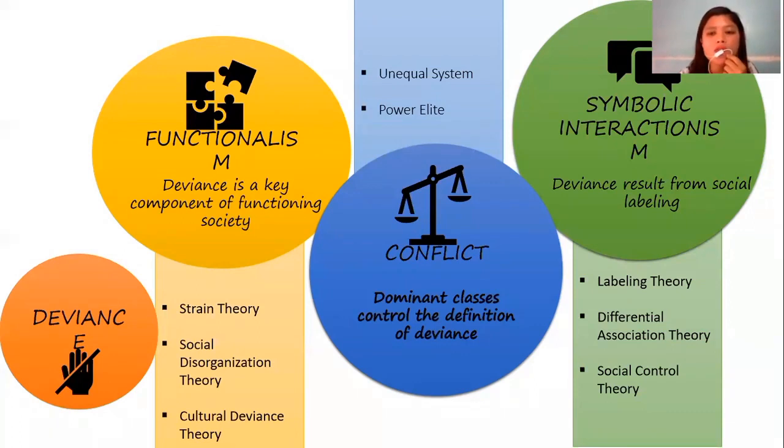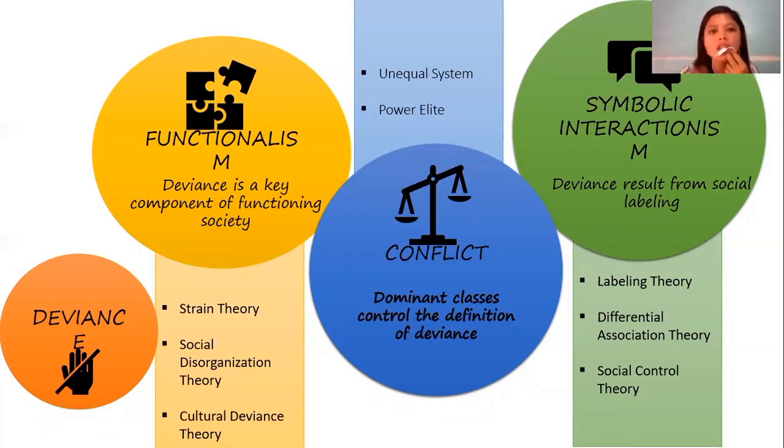As for deviance, according to Emile Durkheim, deviance is a key component of a functioning society. Meaning, he believes that deviance has a vital function in the society. And as a conclusion, Emile Durkheim proposed four functions of deviance.